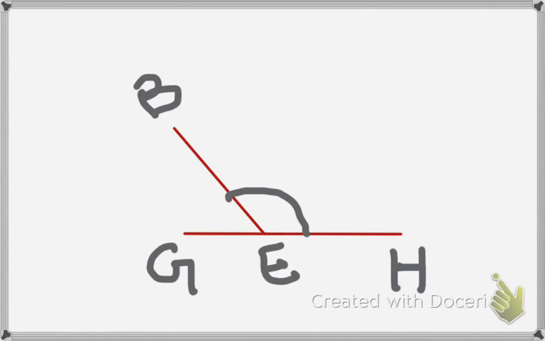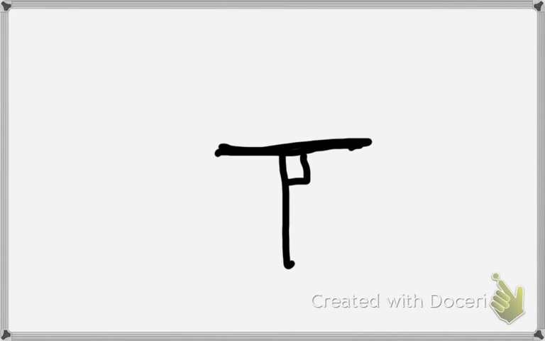In your surroundings, you can see a lot of examples. Suppose I take the letter T. You observe in this alphabet, you can observe two right angles in the letter T. Two right angles are forming.